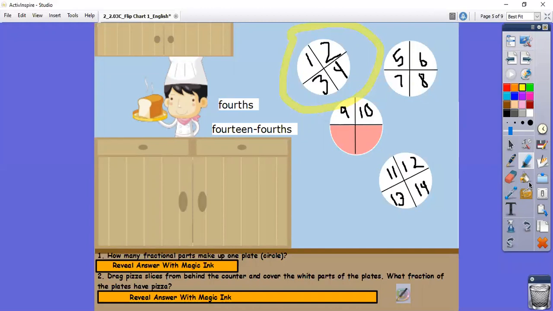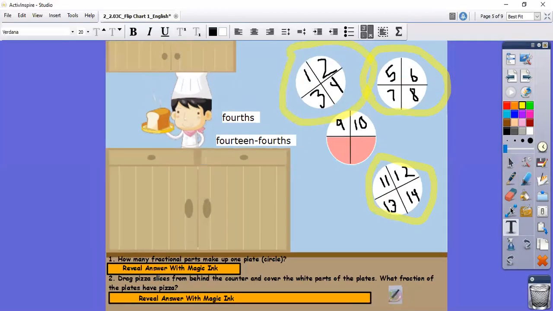have that are completely white. I already counted 1. Oh, here's another one. That makes 2 of them. Oh, there's one down here that makes 3. I have 3 whole circles that are white. 3 wholes with an S because there's more than one.